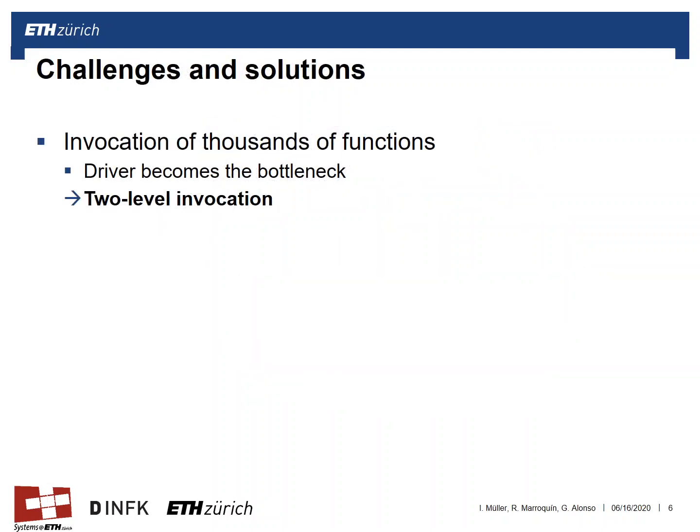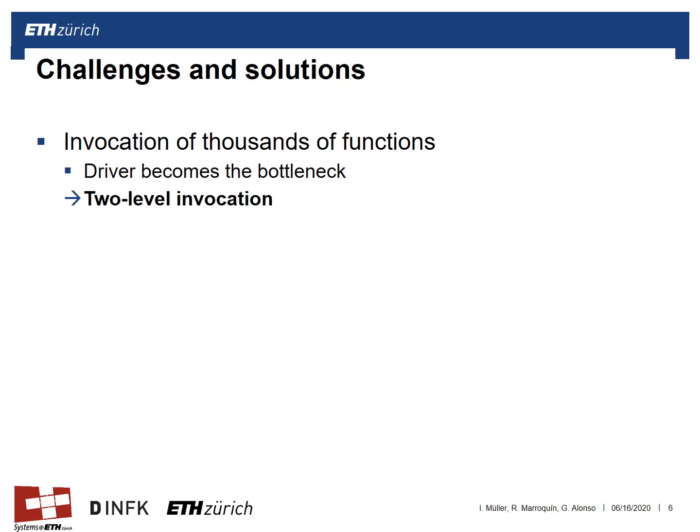Now, while this is a traditional architecture, we still had a number of challenges to solve, and the challenge starts with the mere invocation of a large number of functions. The problem is that the driver cannot place more than a certain number of requests into the cloud through the internet per second, such that it becomes the bottleneck.